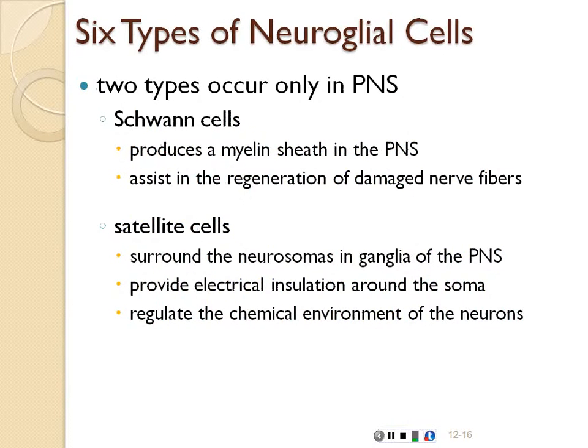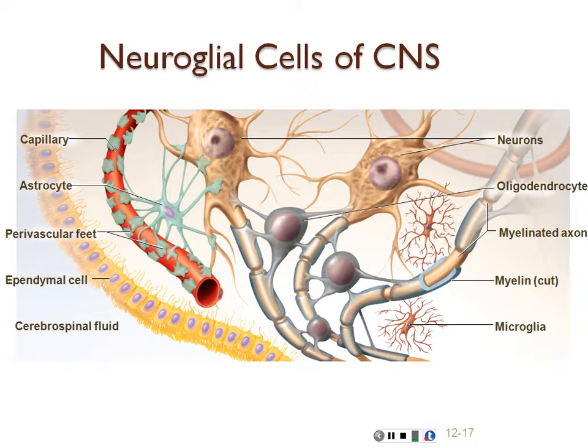And satellite cells surround neurosomas, and they have the job of regulating the chemical environment of the neuron and providing electrical insulation. So their job is not as defined as the others. Okay, so those are the 6 types of glial cells, and you can see them also here.